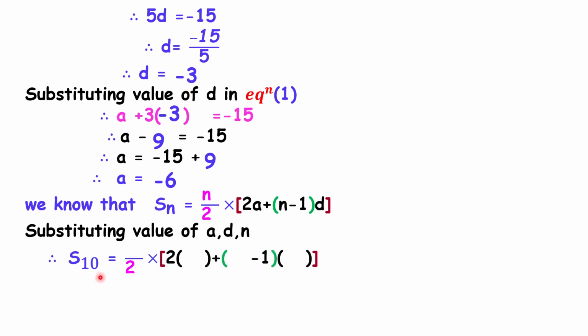Therefore S10 is equal to, value of n is 10, 10 divided by 2 into (2 into the value of a, negative 6, plus the value of n, 10 minus 1, into the value of d, negative 3). Now simplify this. 2 5s are 10. Therefore 5 into bracket.